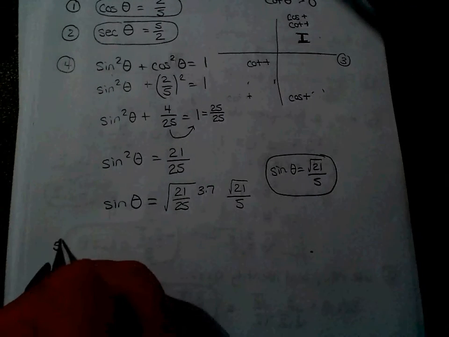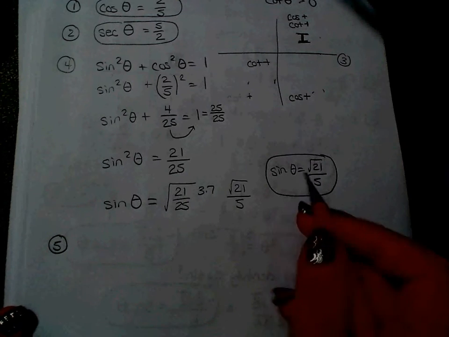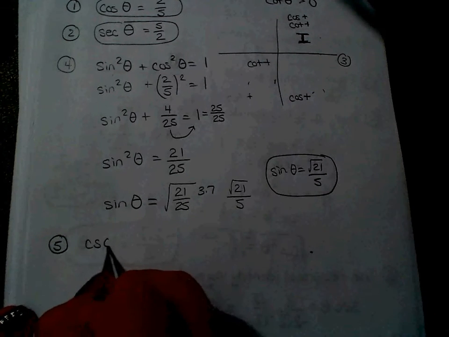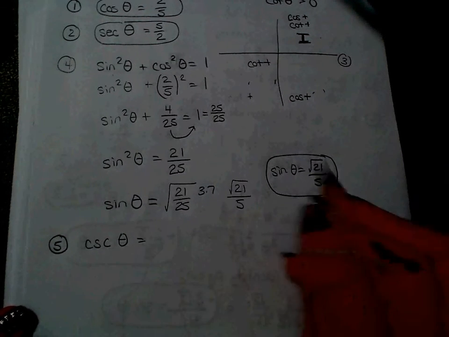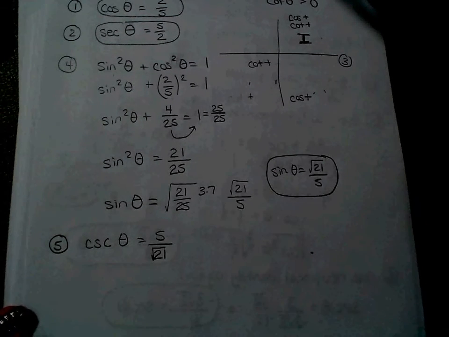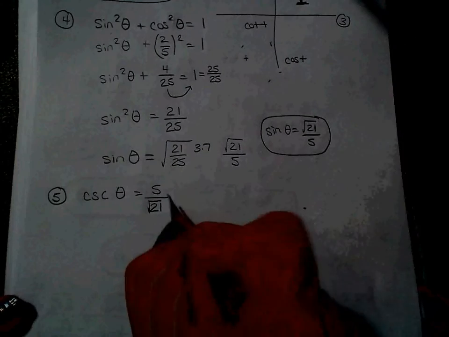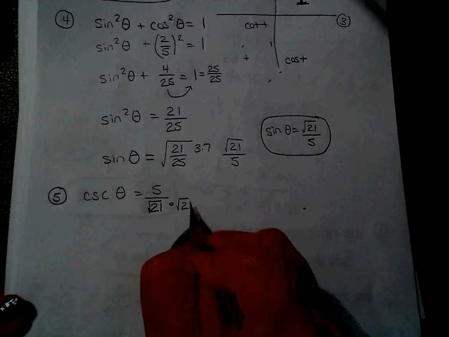So the 5th step was to apply a reciprocal. So the reciprocal of sine is cosecant. So I'm going to flip that. I cannot leave a square root of 21 in the denominator, so I fancy 1.